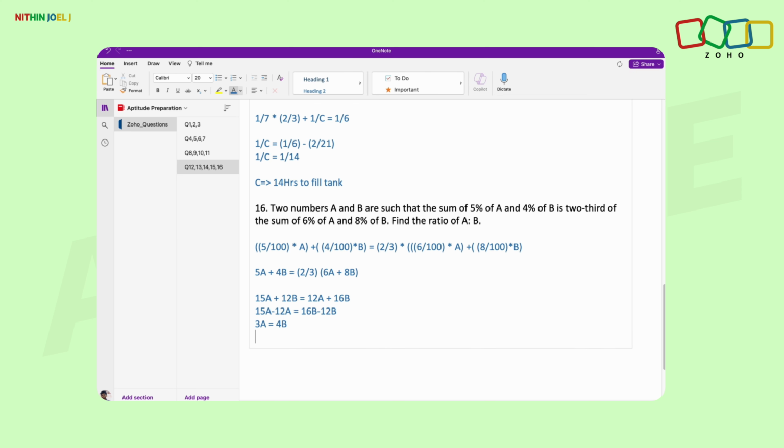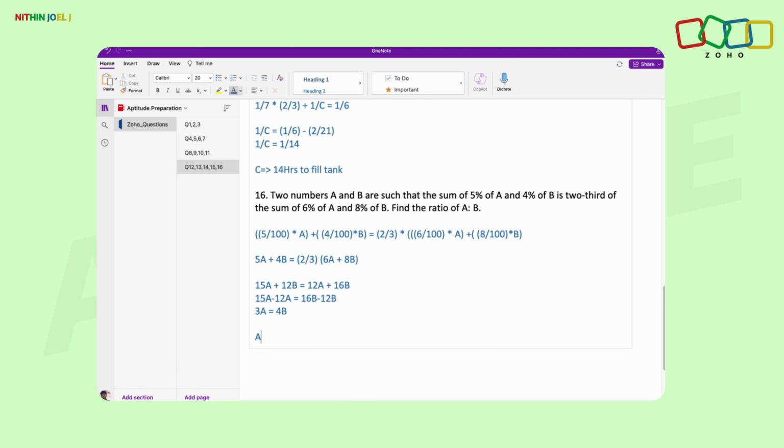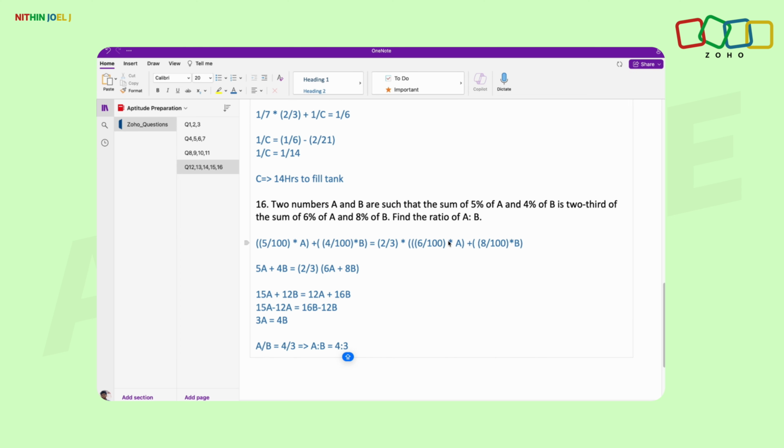So this can be written as A by B equal to 4/3. This indicates A is to B is equal to 4:3 over here. So this is the ratio of A is to B.